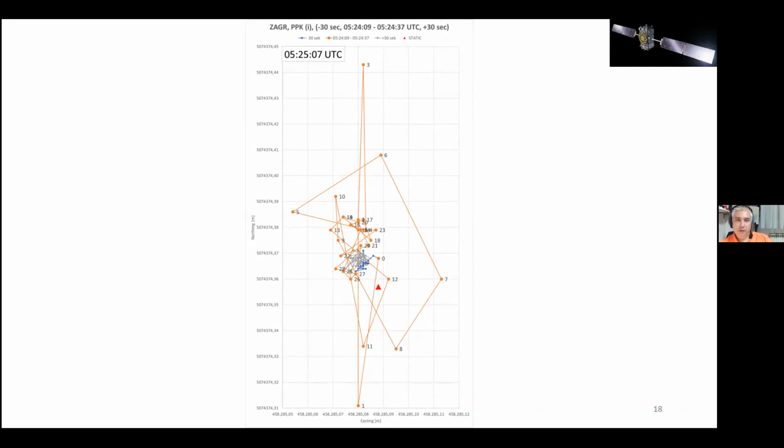So at 5 o'clock 25 minutes and 7 seconds according to UTC, the situation looked like this at Zagreb station. In addition to the blue dots and orange dots, we have green dots. The green and blue dots belong to those time windows before and after the main shock.